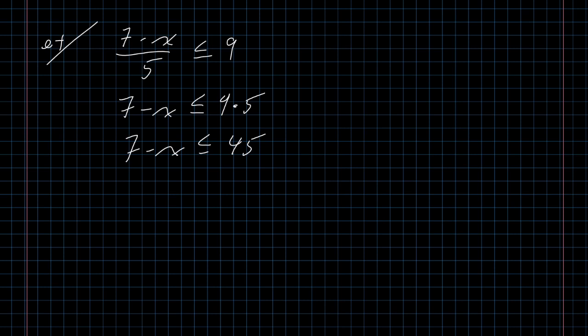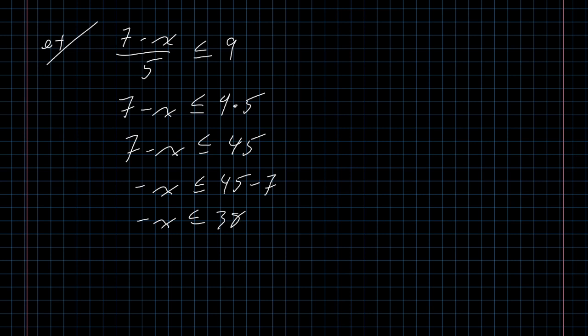Now I have 7 minus x. This is another place that things are a little bit messy. The 7 here is positive, so to get rid of it, we are going to subtract 7 from both sides of the inequality. And 45 minus 7 is 38. Finally, to get x by itself, we have the opposite of x.